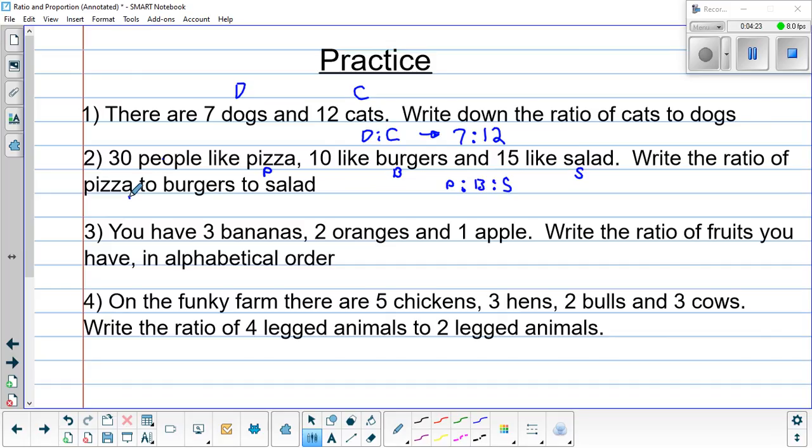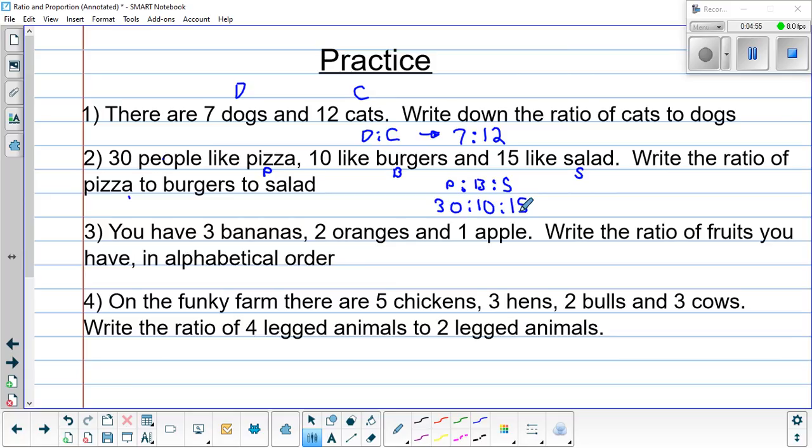Even if the numbers might be different in the question, here they're the same, but if they are different, make sure you write it the way they say. Write the ratio in the form of pizza to burgers to salad. Because if you don't, they won't care that you've described it up above. They want it in that certain order, and it could be for a specific reason. Filling in the numbers, we have 30, 10, and 15.